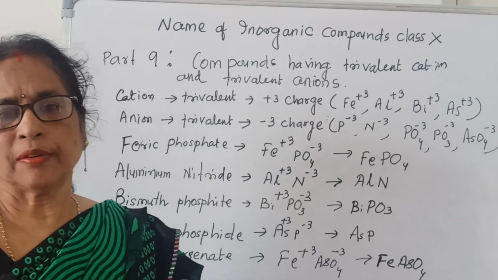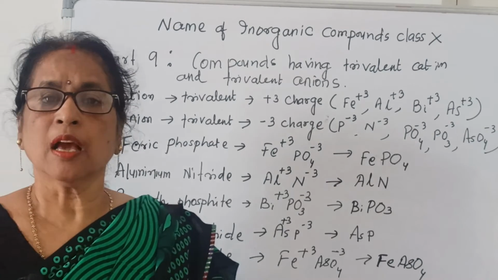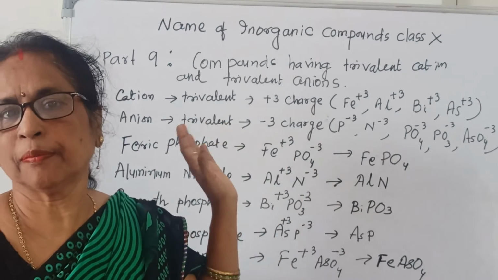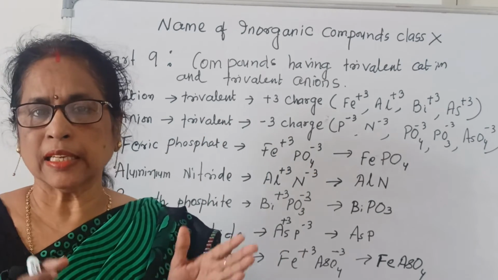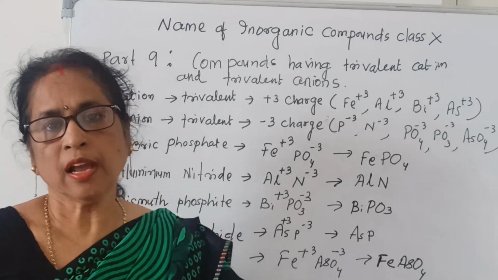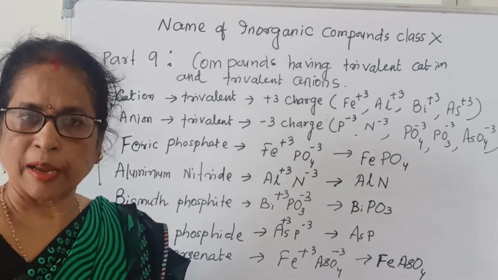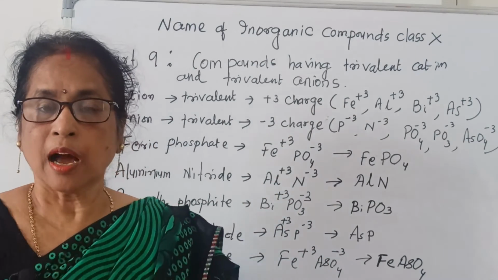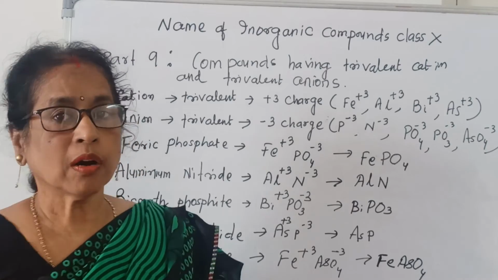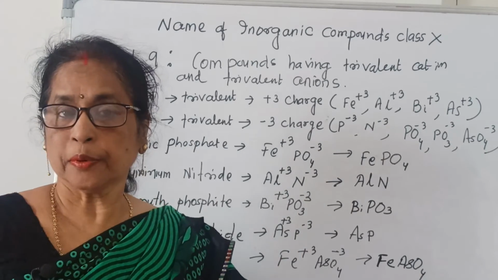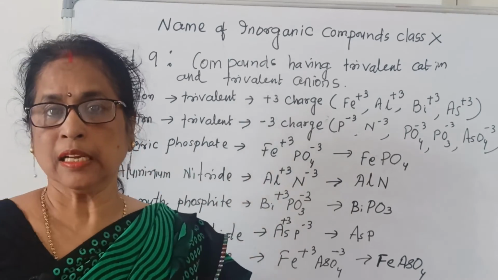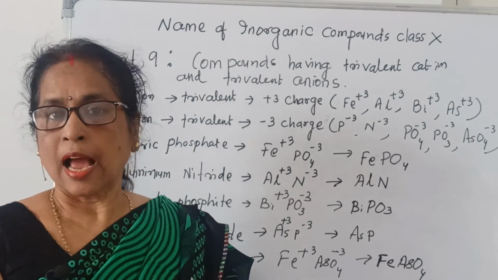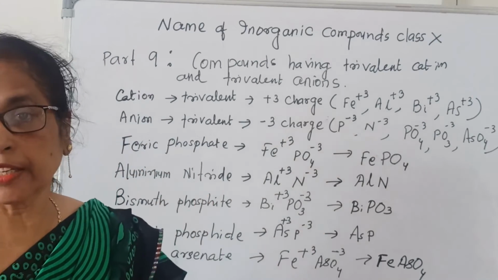In part 10, I will explain the types of compounds already explained in parts 1 to 9, in a shortcut way, and how many types of compounds there are, what types of cations there are, and what types of anions. If you read 1 to 9 and then 10, it is very easy for you, and also very helpful to write any compounds at any time.